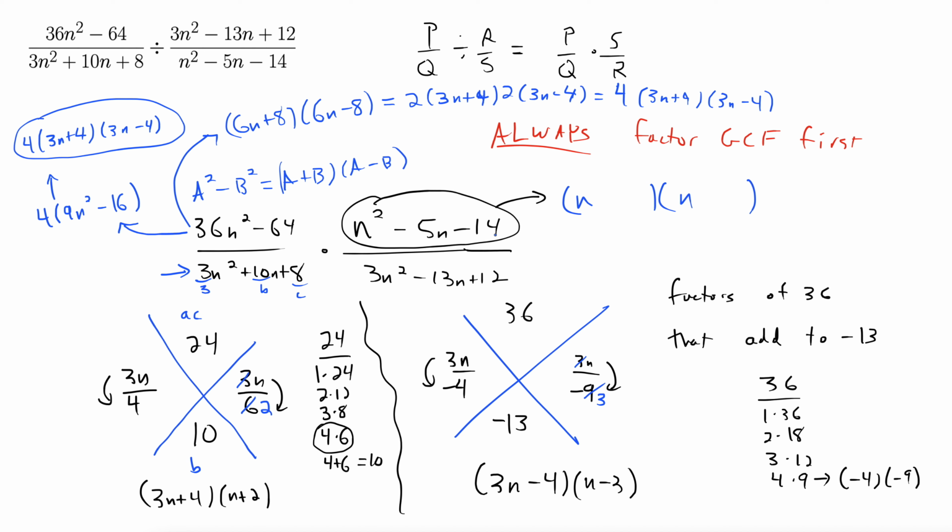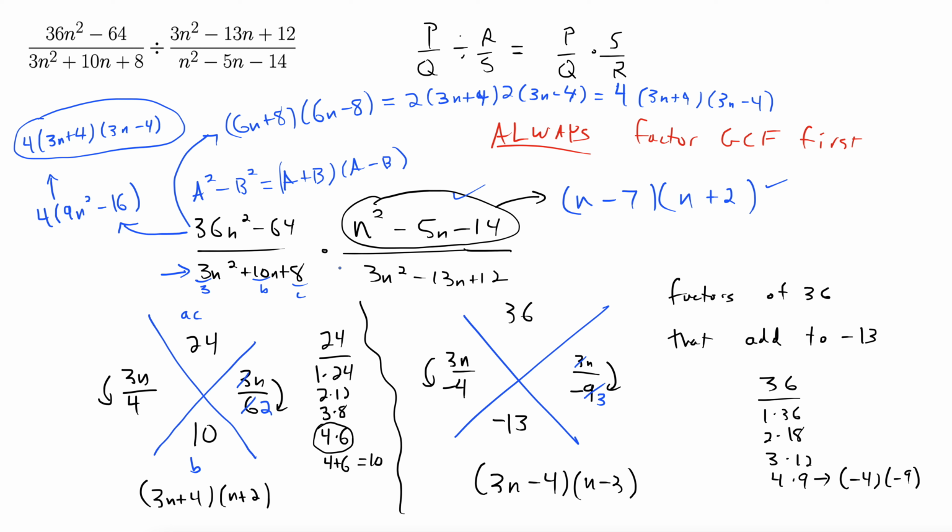I'm thinking negative 7 and plus 2. If we do a quick mental FOIL check, first, outside, inside, last, yes, it works. So that is our factored form. Okay, so that's trial and error. You could have used that for any of these factors.